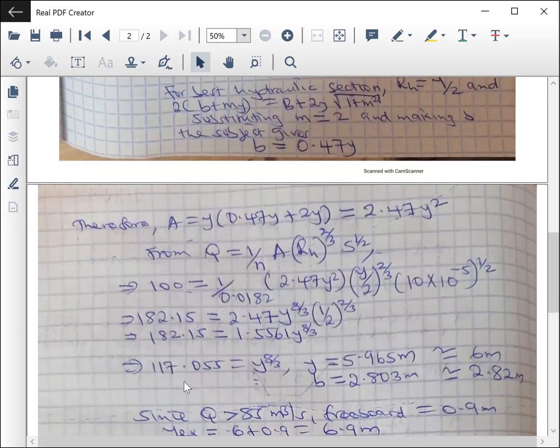Now, if you compute that, we take constants on the left-hand side and variable on the right-hand side, you get 117.055 is equivalent to y power 8 over 3.